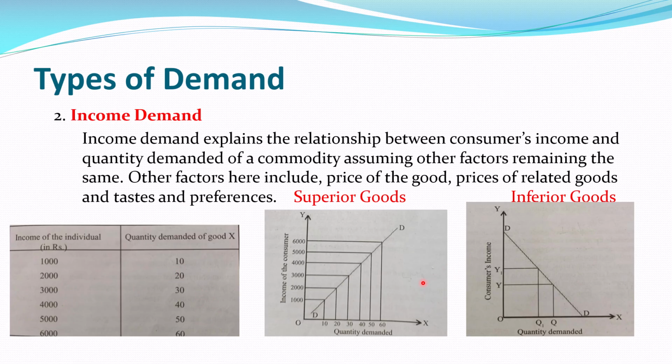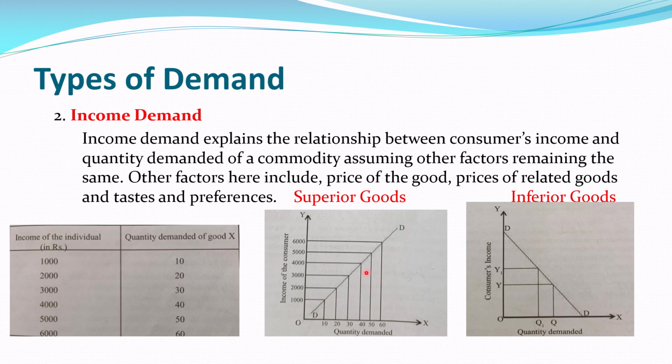Coming to the diagram, quantity demanded is taken on x-axis and income of the consumer is taken on y-axis. Coming to the shape of the demand curve, this is income demand curve. So the shape is from left to right, upward sloping.